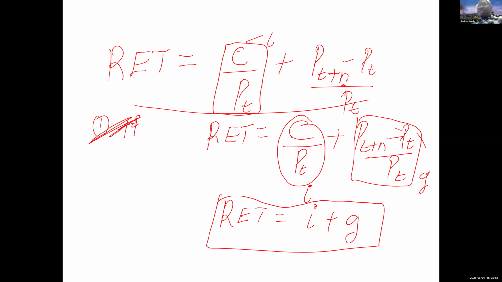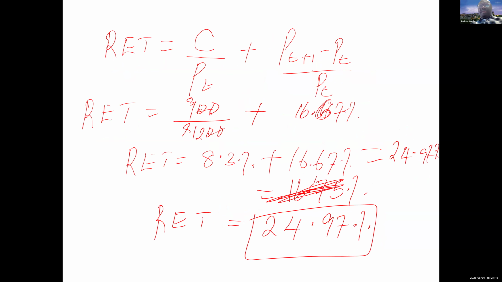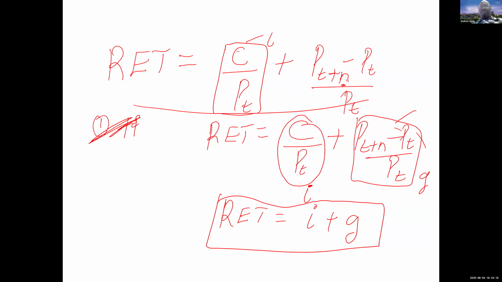So if you hold the bond until maturity, let's say you bought a 10-year government bond and you hold it for 10 years until maturity, the rate of capital gains is 0 because you never sold that bond. So the rate of capital gain is irrelevant in determining the return on a bond investment if you held the bond until maturity.